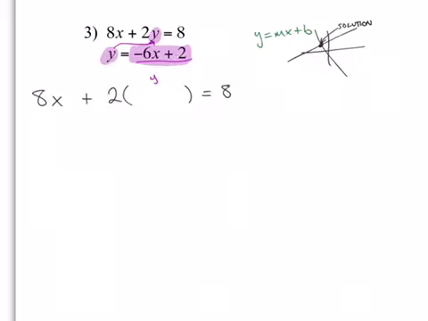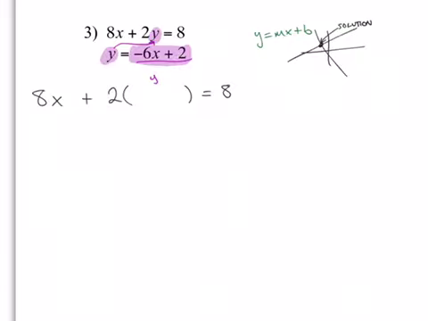The key thing about substitution is it allows me to transform this top equation from a two-variable equation with x and y into a single variable equation with only x's in it, and this y has been completely erased and replaced with an expression that just has x in it now. And I can solve this equation here.